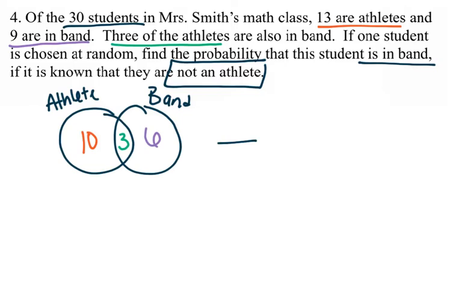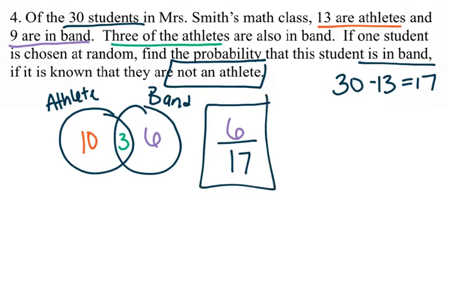There are 30 students total. And we don't want any of the athletes. So there are 13 total athletes. That means 17 are not athletes. Out of those people, 6 of them are in band. So that's how I get 6 out of 17. And it doesn't reduce, so we're good.